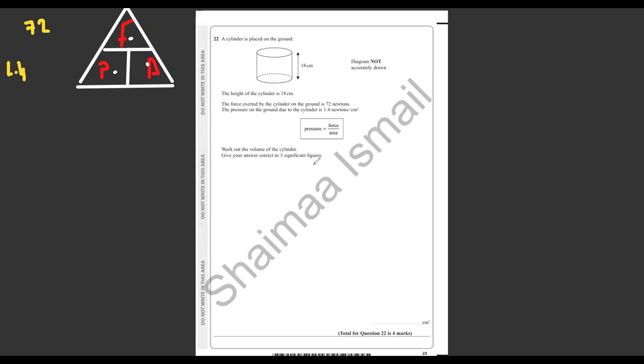If you want to get the area, because we don't have the circumference or the radius here, we get the area, because the volume of any shape is the area of the cross section, the area at the bottom, multiplying by the height.